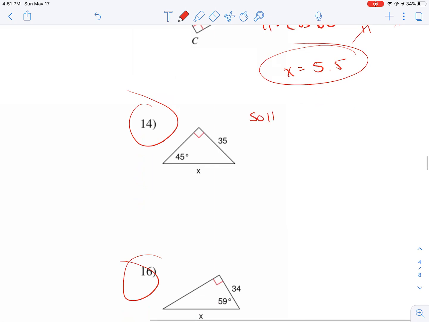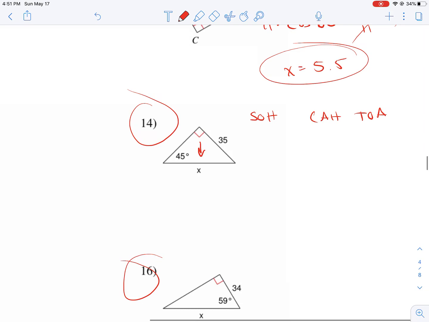Okay, number 14. So, SOHCAHTOA. They want us to find our hypotenuse. This is our adjacent side. Sorry, brain fart. This is our adjacent side, and this is our opposite side. So tangent involves opposite and adjacent.